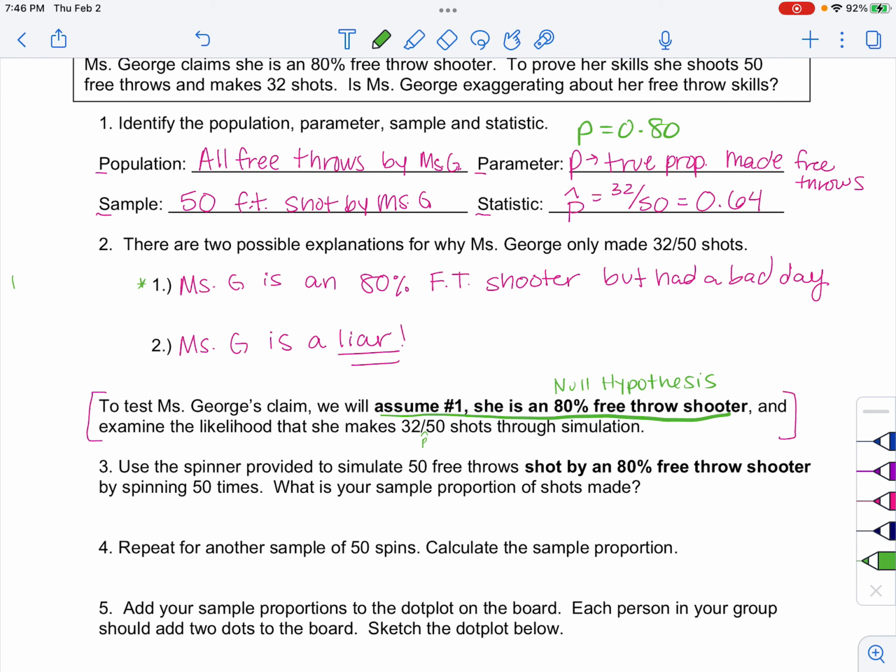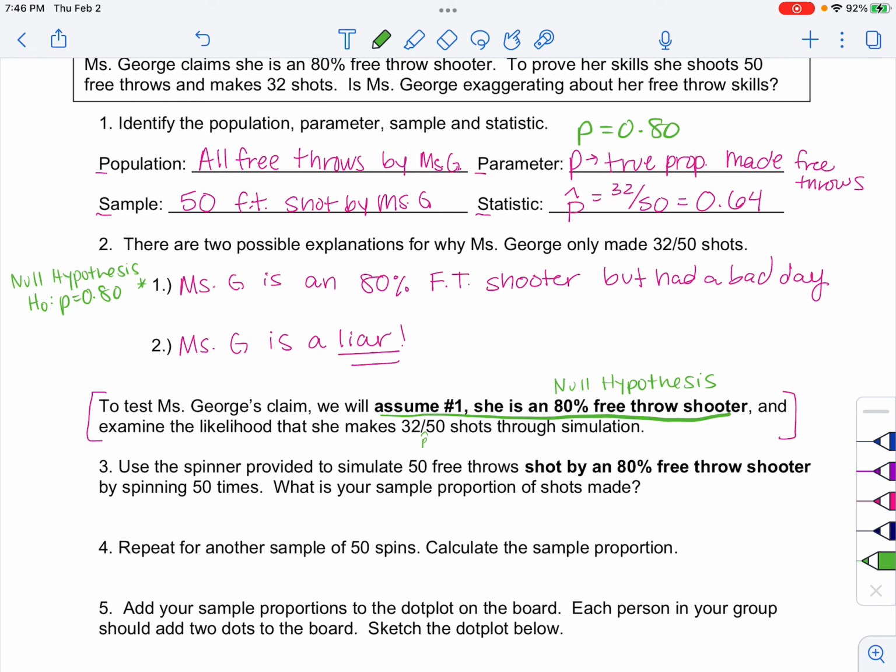So number 1 represents our null hypothesis. And really it just represents the hypothesis that whatever is being claimed is true. Very straightforward. Whatever reason it is that our statistic doesn't exactly line up with it, the claim is true.